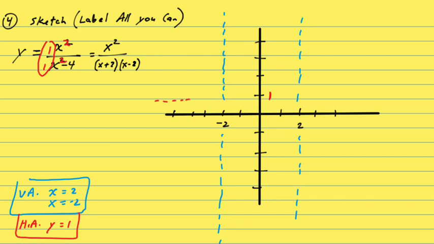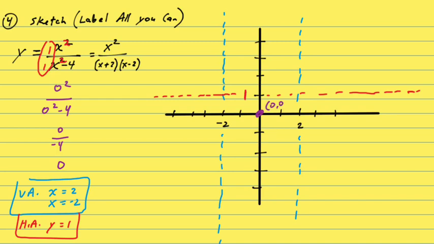So that's going to create a horizontal asymptote right when y is 1. Now again, we just need to plug in numbers. If I put in a 0, what would I get out? 0 squared over 0 squared minus 4. 0 over almost anything is 0.